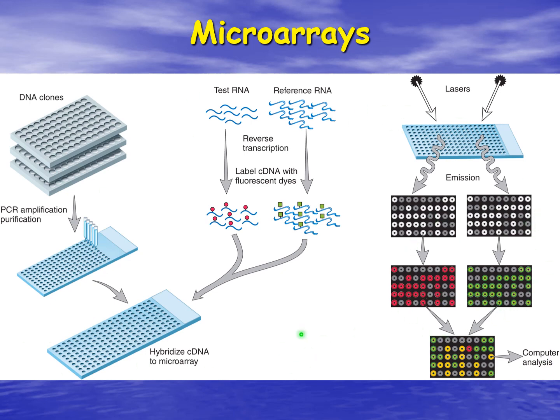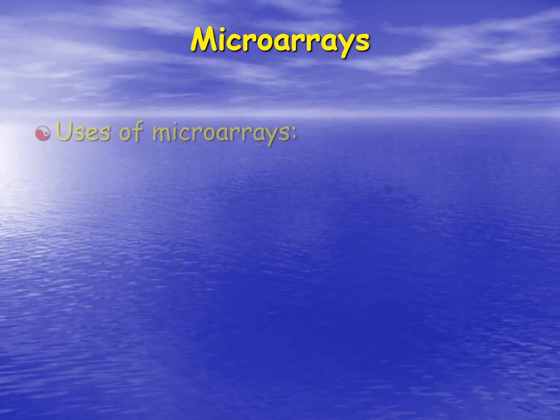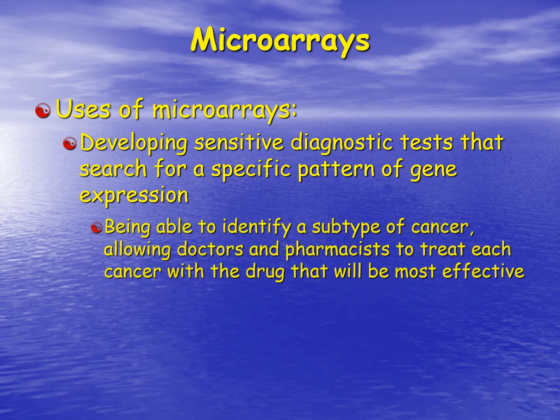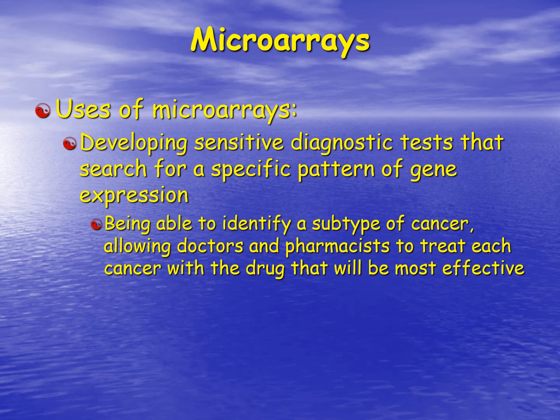Most of you will never see a microarray, so I'm not going to spend a lot of time with it. But we can use them to develop sensitive diagnostic tests that will search for specific patterns of gene expression and be able to identify even a subtype of cancer, allowing doctors and pharmacists to treat each cancer with drugs that will be most effective for each type of cancer that can be seen in a single person.